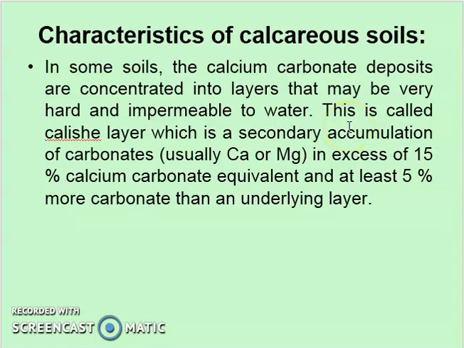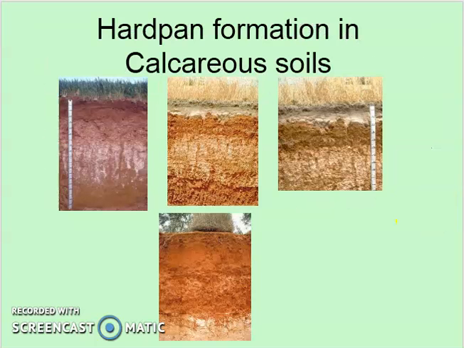This is called a calcic layer, which is a secondary accumulation of calcium carbonate, usually calcium carbonate or magnesium carbonate, when the calcium carbonate content reaches excess or more than 15%. If you look at this photo, you can observe how the hard band forms.